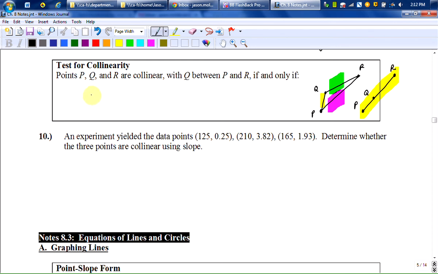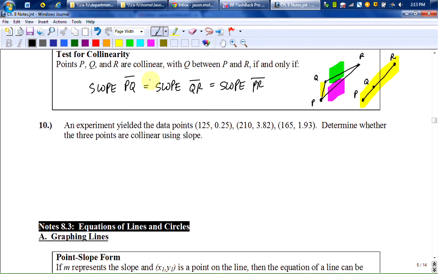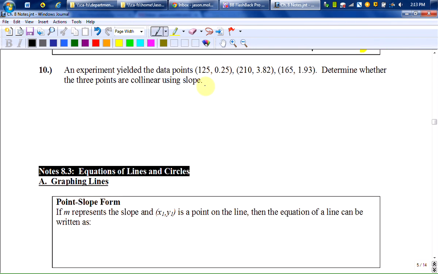So what this says is that you can check and see if the slope of PQ is equal to the slope of QR, which is equal to the slope of PR. So we have 2 ways to test for collinearity. If it's not stated which way to use, you can decide. And unfortunately, if you test 2 of these, you still have to show the third one, even if you're certain that it's going to work for the third one, especially on the quiz or test.